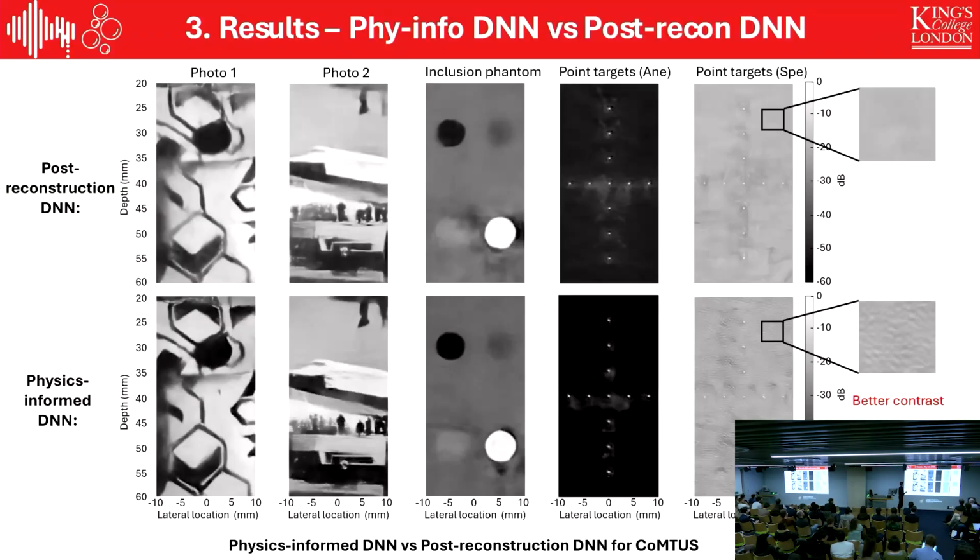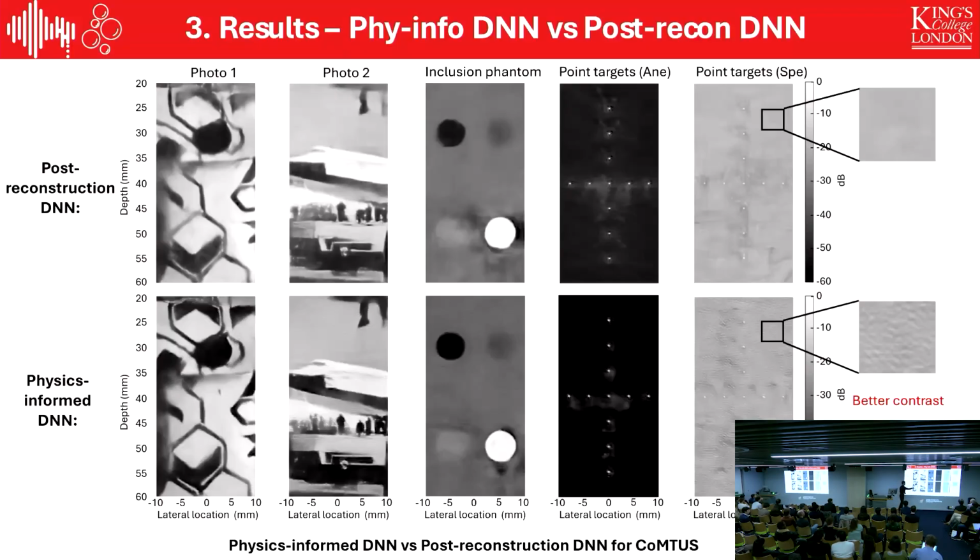This is the first result. It's mainly about the post-reconstruction deep neural network versus the physics-informed deep neural network. We can see that the post-reconstruction deep neural network cannot really produce clear backgrounds, and the physics-informed deep neural network can provide better contrast over the background and the anechoic inclusion, and less artifacts.